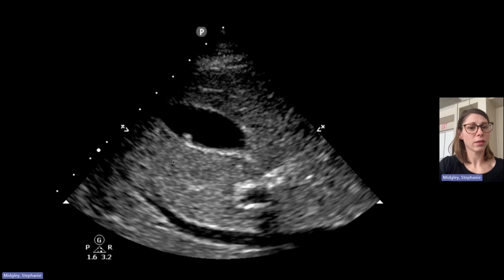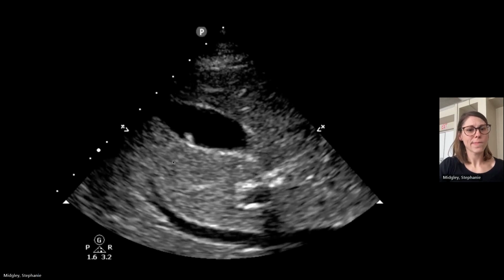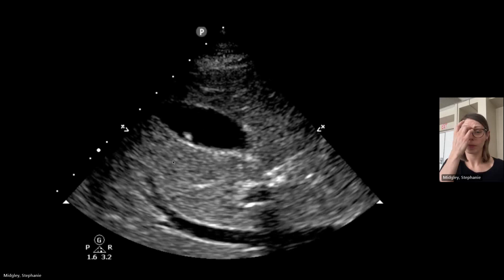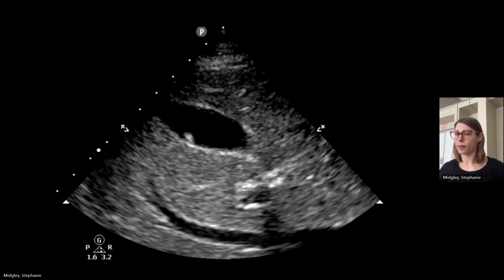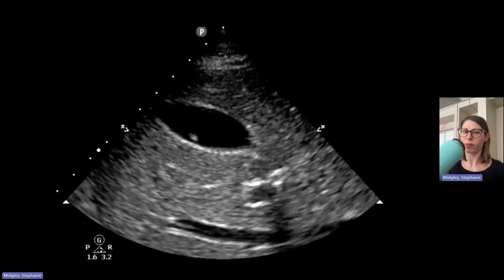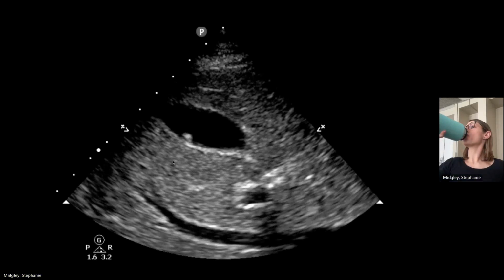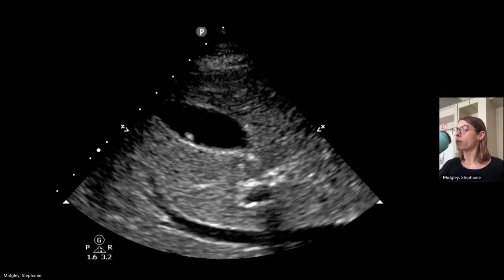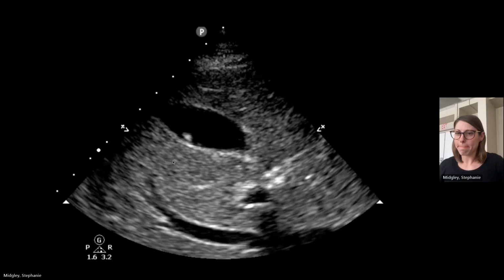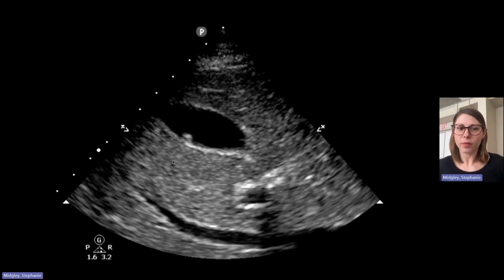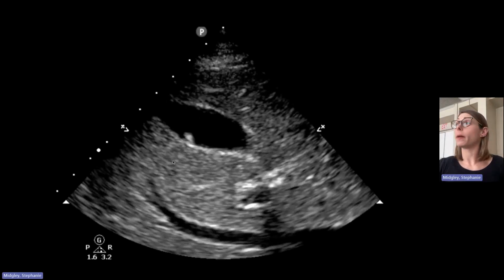All right, what do we got here? Yes, gallbladder. Stone, but there's no shadow, right? It's a polyp.